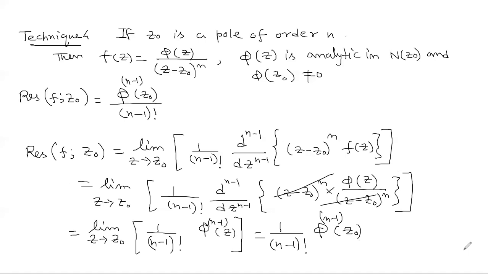So let us take an example here. Let f(z) equal (z^3 + 2z) by (z - i)^3. Here if we equate the denominator to 0, we'll get the singularity of the function f(z), which is z equal to i, which is an isolated singularity.